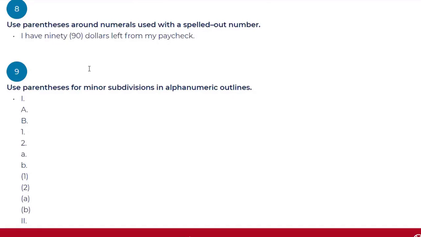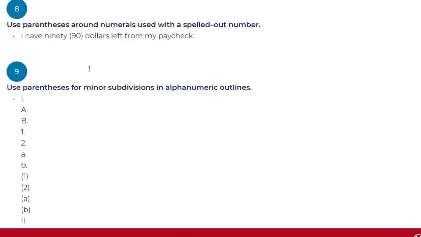So for example, if you have a spelled out number like 90 in this sentence, and you want to give some extra information, like the number digits, then you can put that in parentheses.